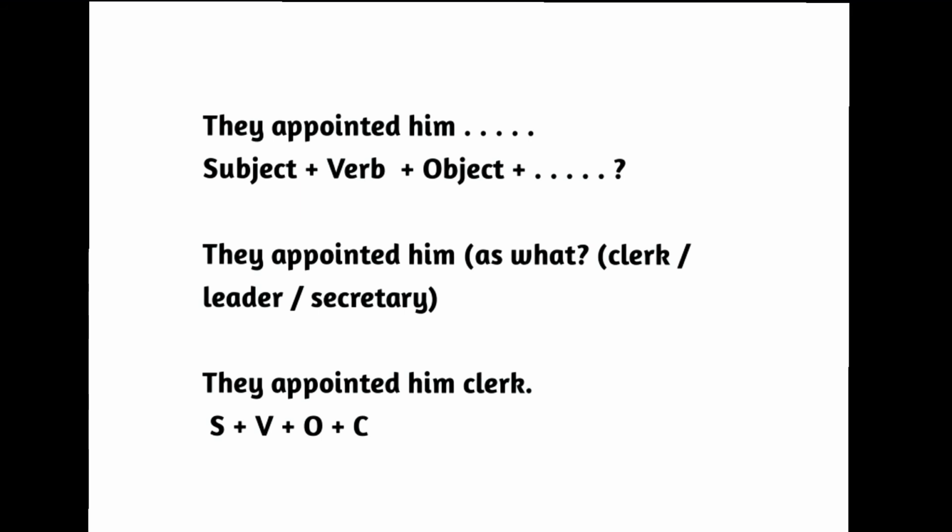Here we do not know they appointed him as what? As a clerk, leader, or secretary. When we add clerk, then sentence is complete. They appointed him clerk. The word clerk completes the meaning of the sentence.